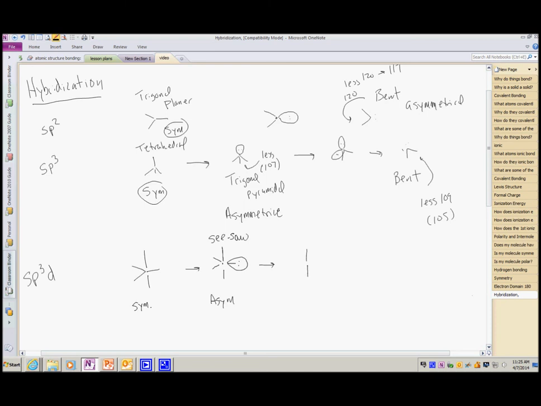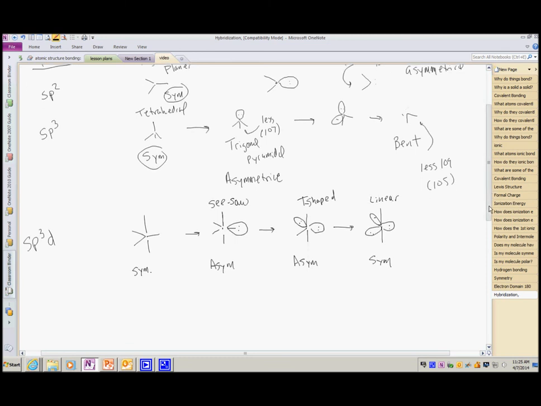Up, down. We call this T-shaped. Again, asymmetrical. If we lose 3 of them, all the equators get lost. This one happens to be symmetrical, and its name is linear.